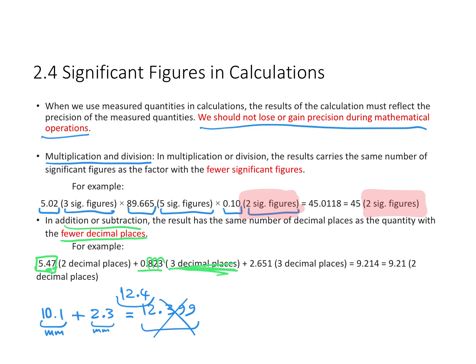Anyway, 2.651, 3 decimal places, right? The number that we get in the calculator would be this, but the number that you report should have 2 decimal places, so it would be 9.21. For subtraction and addition, we don't look at significant figures anymore. Does that make sense? Any questions?